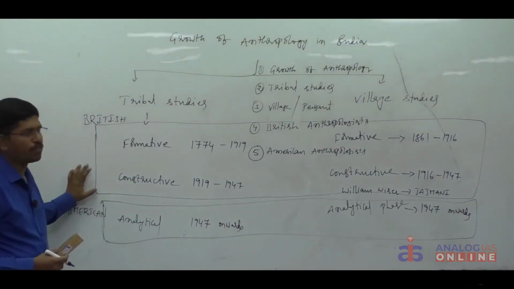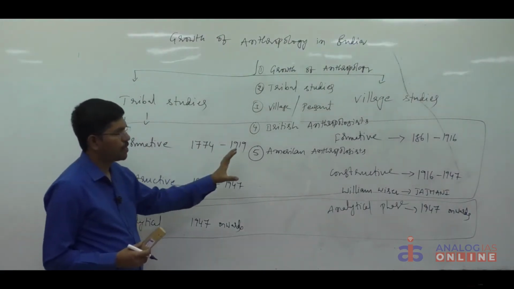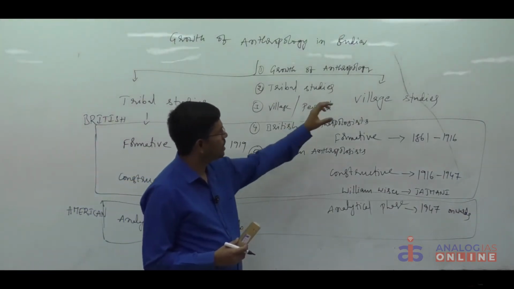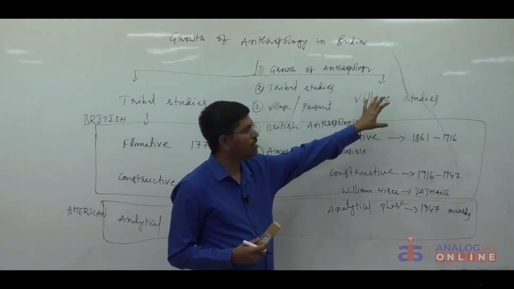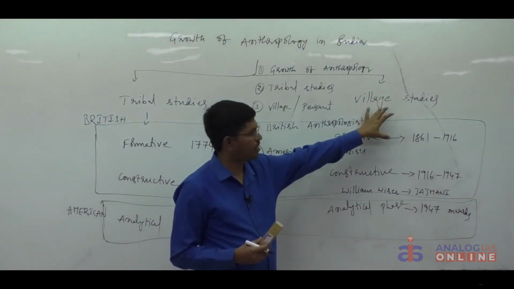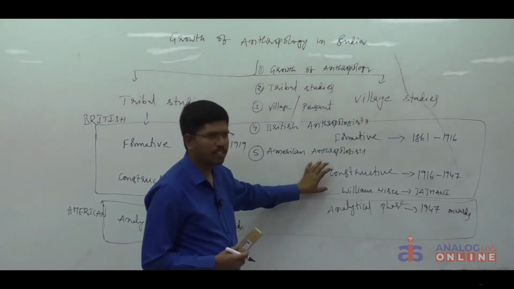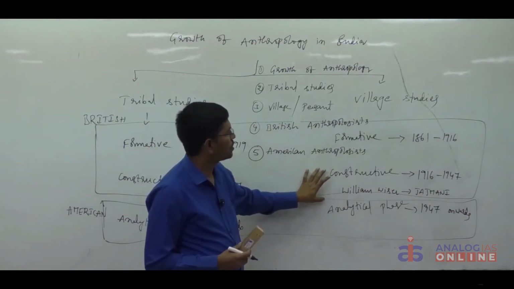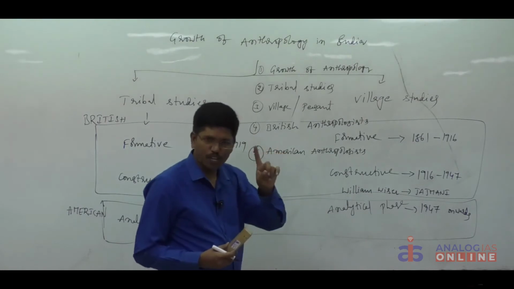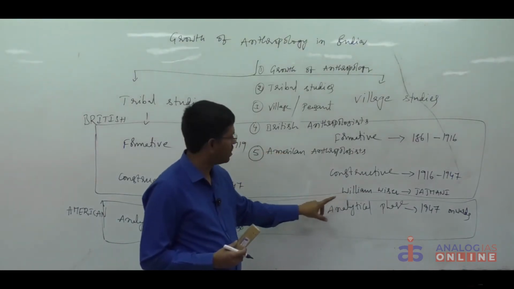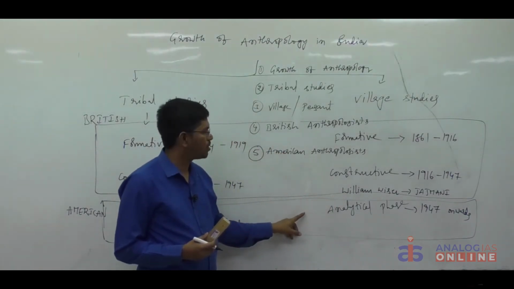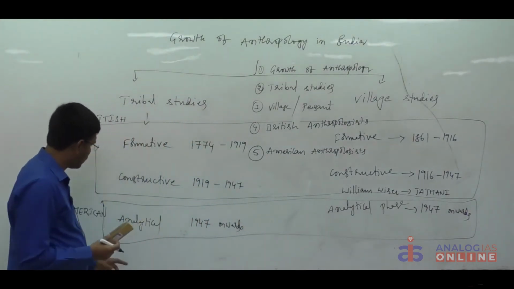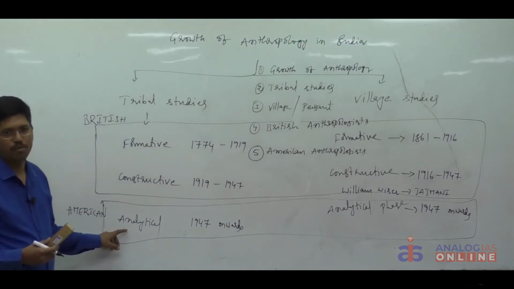Whenever you are writing the contribution of American anthropologists, first write their contribution to village studies. Why? Because they contributed mainly for the growth of village studies. Then put a subheading, constructive phase. The American anthropologists contributed for the constructive phase of village studies, but write only one name, that is William Wiser. After that, write the contributions made by American anthropologists in the analytical phase. After that, the analytical phase of tribal studies.